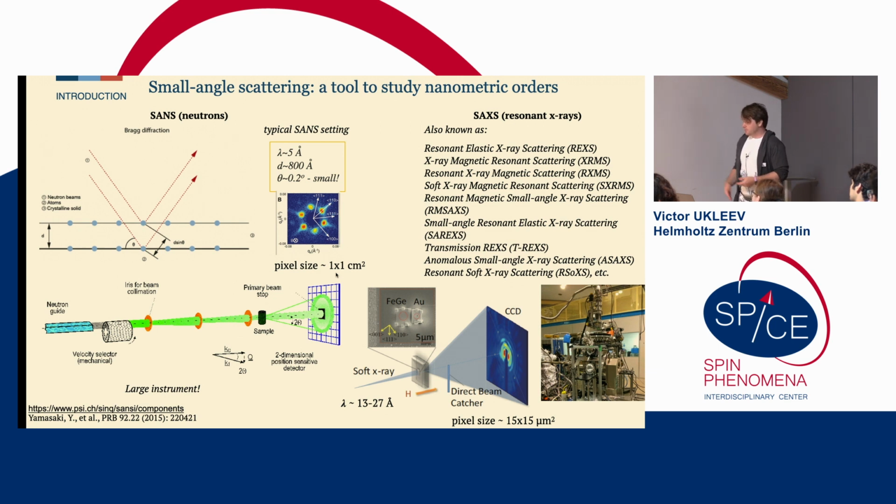And in contrast, what we can do in X-rays, we have, first of all, wavelengths that are a few times longer. So that already provides us higher resolution. Also, the wavelength distribution is much more narrow. The X-ray beams can be generated with quite low divergence, so we don't need large collimation lengths.